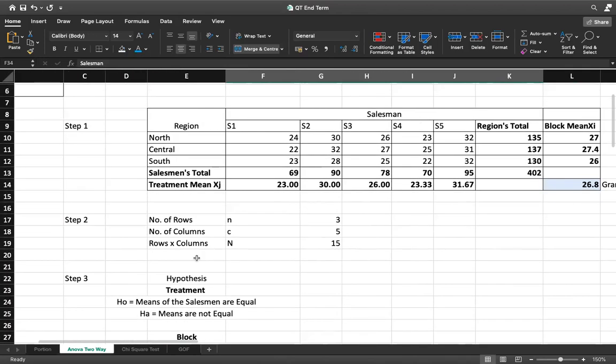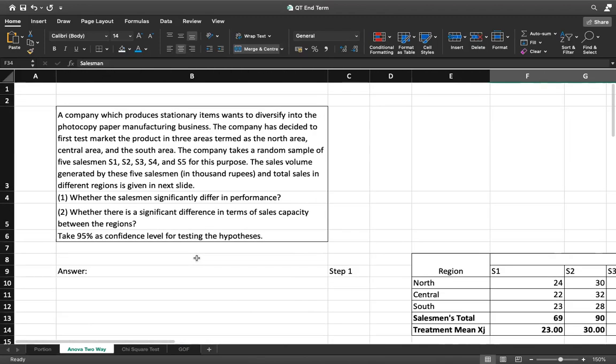So the question is that a company produces stationery items and now wants to go into the photocopy paper manufacturing business. They want to test the market and the product for three areas, namely North, Central, and South. They want to take a random sample of five salesmen, S1, S2, S3, S4, and S5 for this purpose.